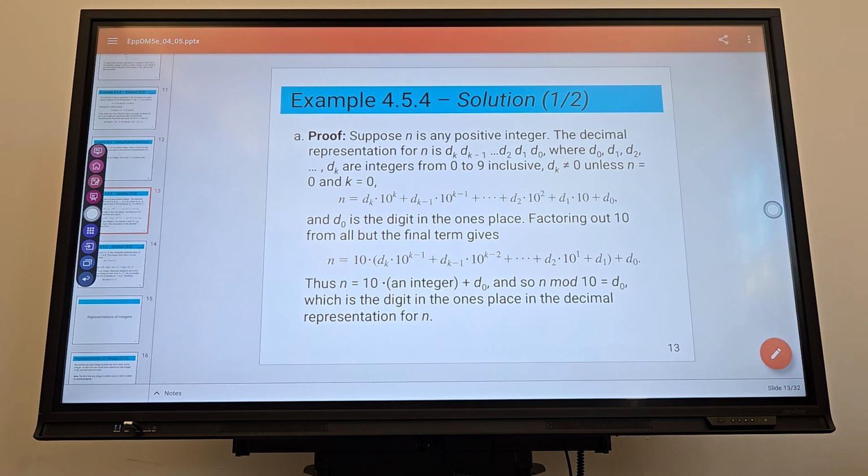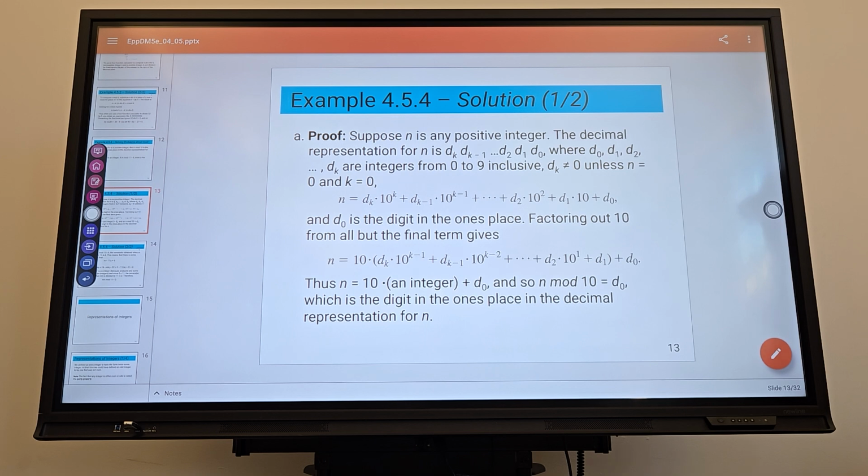All right, so n equals dk times 10 to the k plus d sub k minus 1 times 10 to the k minus 1 plus however many digits, plus d2 times 10 squared plus d1 times 10 plus d0. d0 is the digit in the ones place.